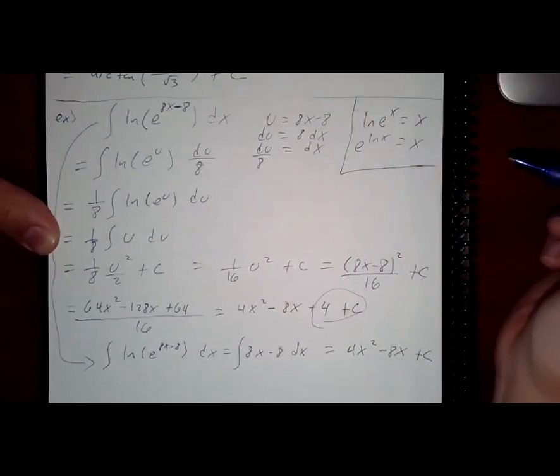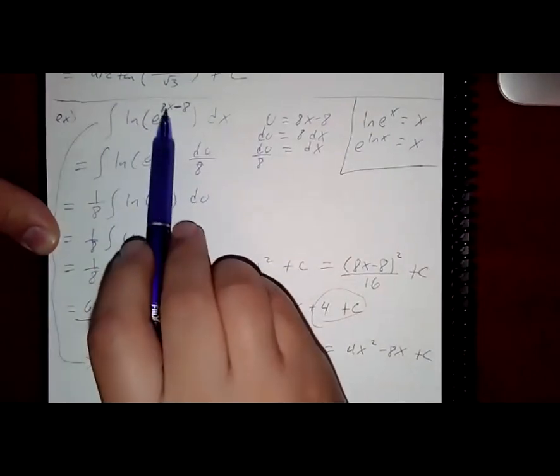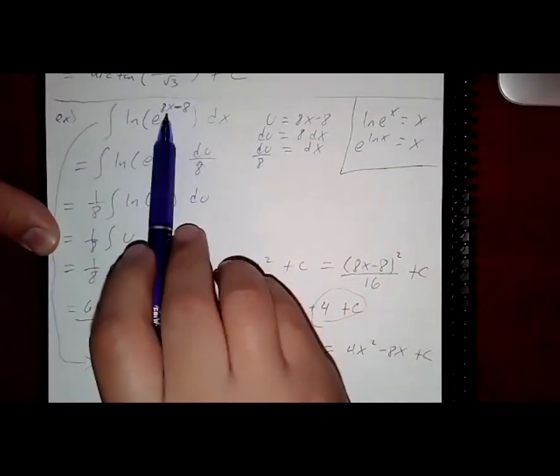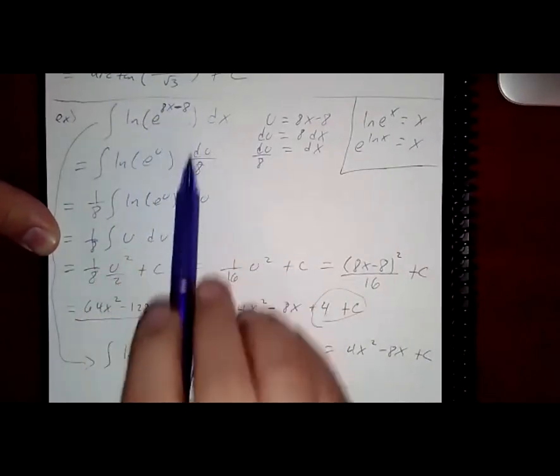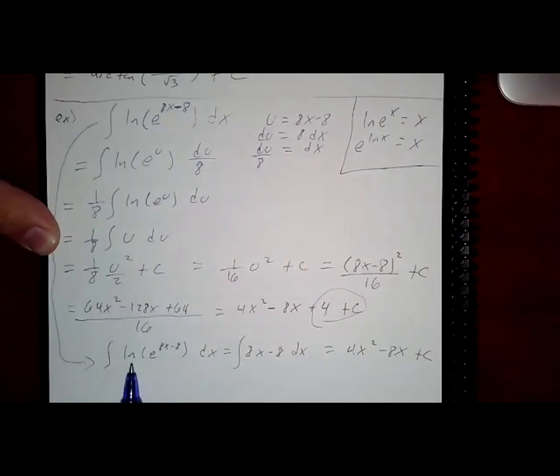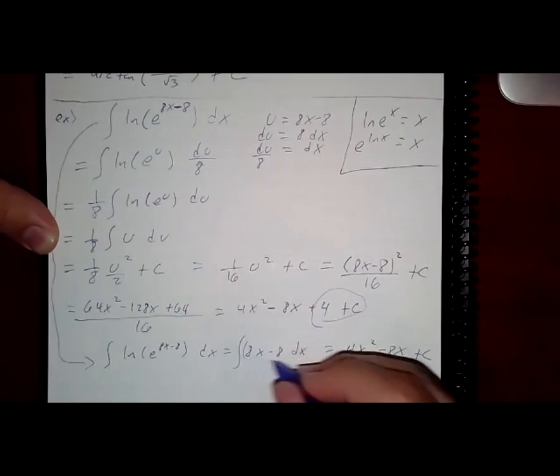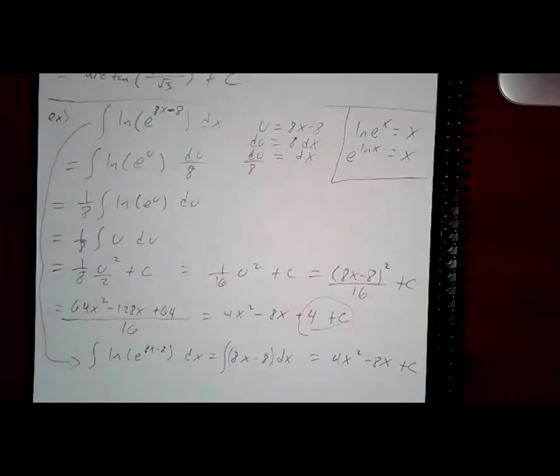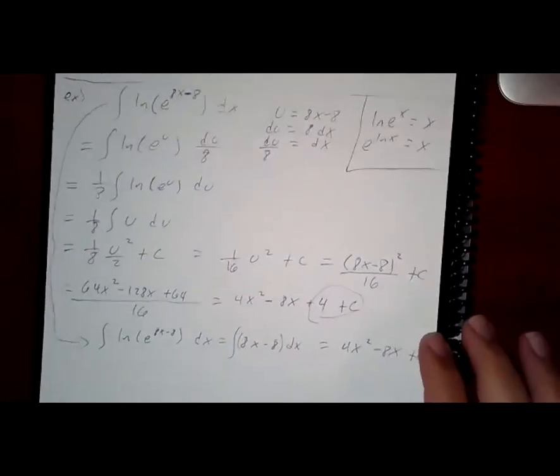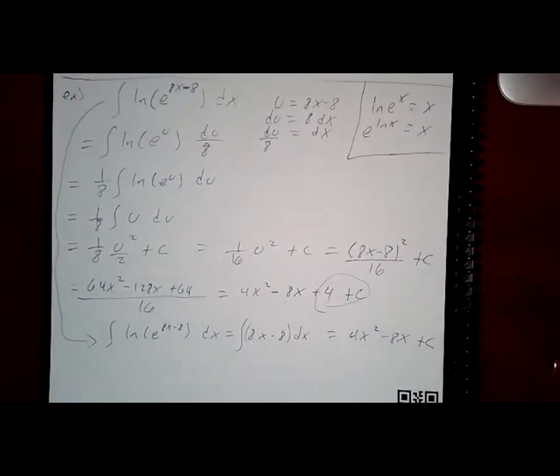If you see ln and e, whatever x is up top, I don't care what it is, it's going to cancel out, leaving you only with that power, that argument. See what I mean? Yeah, I understand now. So this is better. I just didn't notice it right away. I didn't catch it at all.